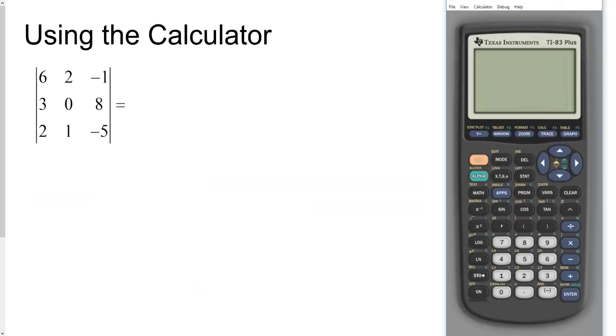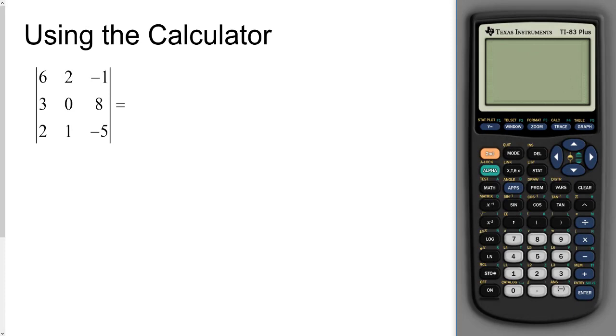So let me bring up the calculator, and here's the process. So first enter your matrix menu, so second and matrix. Slide over to edit. We're going to edit matrix A. Here we need a 3 by 3 matrix.